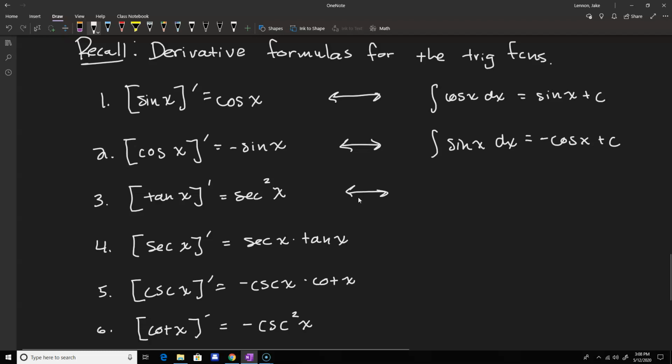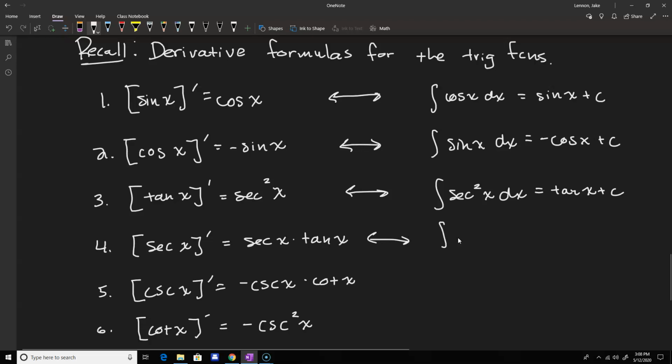As it is right now, we don't have any kind of antiderivative formula for tangent. We're going to have to use one of our techniques to determine that later, but we do know an antiderivative formula for secant squared. If we take the antiderivative of secant squared x dx, this would be the tangent of x plus a constant.